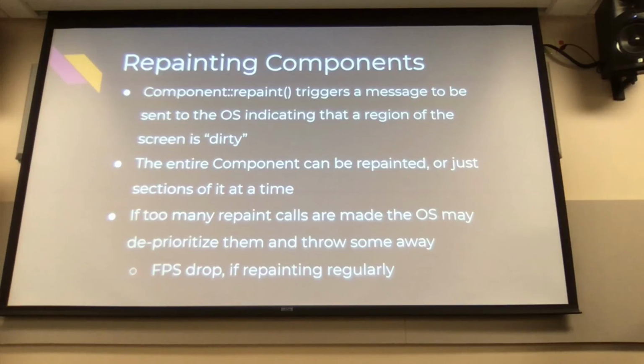That's important to note, and it's usually avoided if you use components instead of one big component and trying to manage a bunch of repaint calls. It gets a little tricky, but JUCE handles it a little bit better if you are using the component system, but it's still something to be aware of if you're regularly repainting.